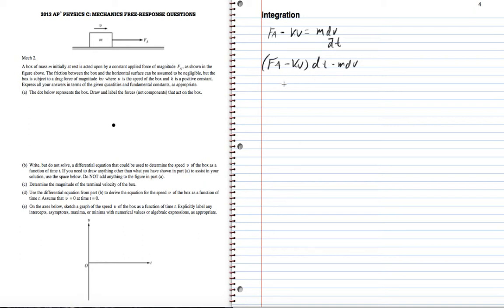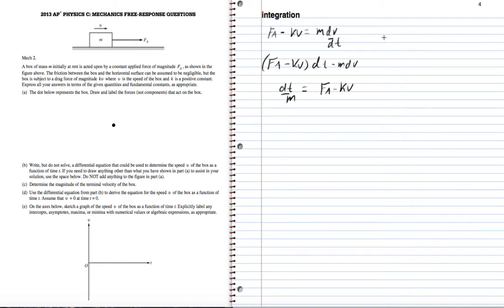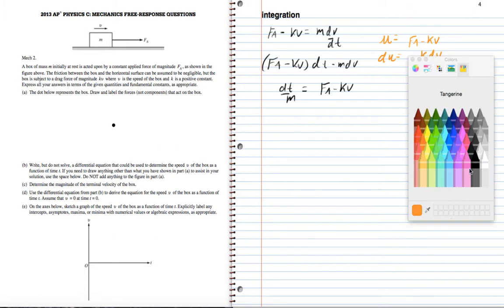Let's do a little rearrangement. So I'm going to have dt over m equals dv over Fa minus kV. Now I'm going to do a little u substitution. So I'm going to say u equals Fa minus kV, and du is going to equal negative k dv.